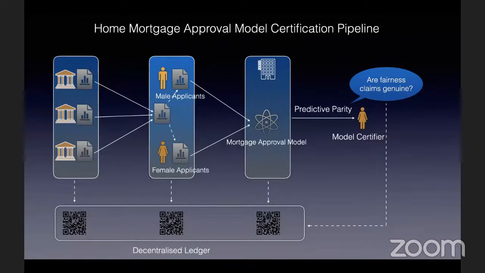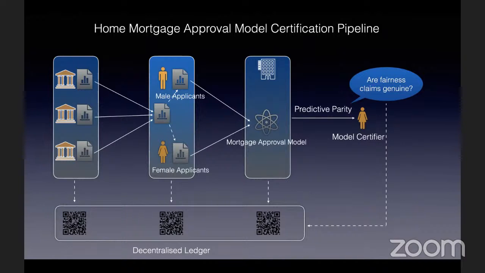Now, to fully verify this, one, you want to make sure that the model which has been hashed does achieve predictive parity on male and female applications. Secondly, you also want to know that the data that was used to show the fairness, namely the set of male and female applications, was not some randomly cooked up data, right? That it was actually obtained from the data that is published by these reputed organizations.